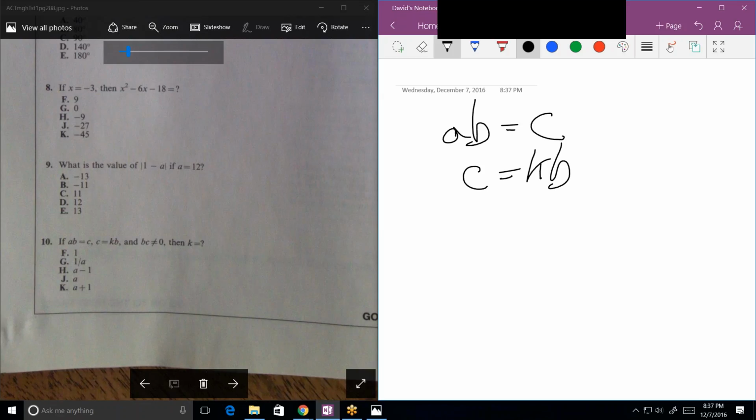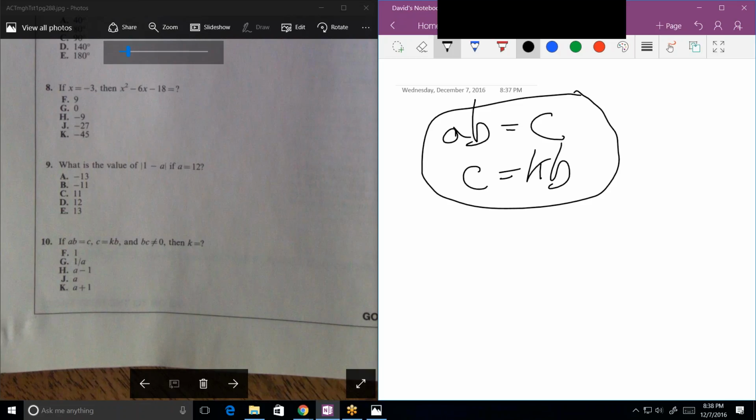I feel like we went over this one, or one similar to it. Maybe I went over it with somebody else. I did do a session recently where we went over some ACT. It's probably that student. But anyway, how do I relate A to K based on those two equations?